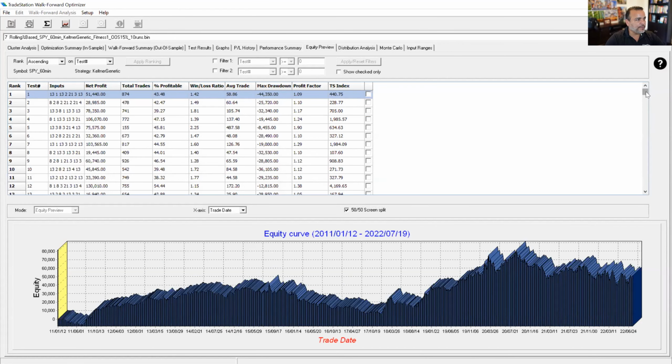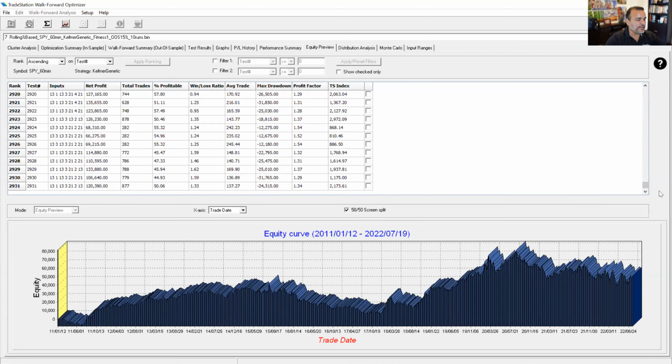If you guys remember, this is ranking all the different optimization results. Yep, that's what it's doing. So this is ranking all the 2,931 different results and ranking them based on, what is it? Rank based on test number.